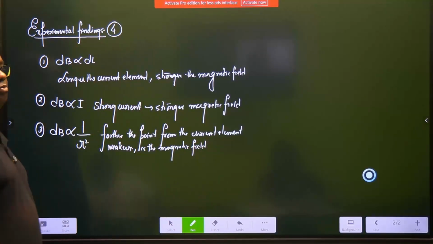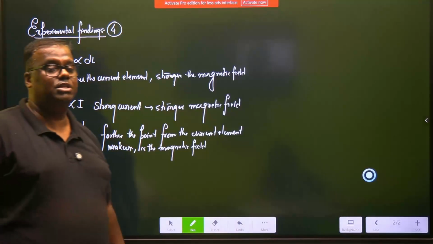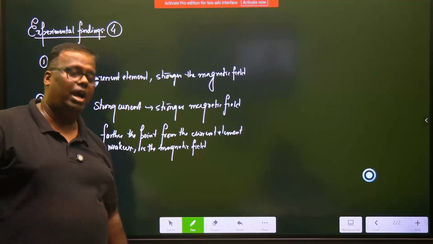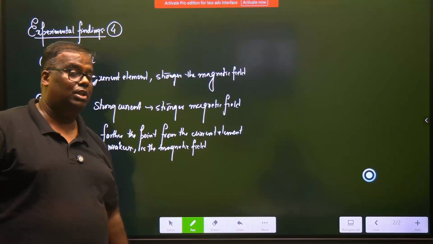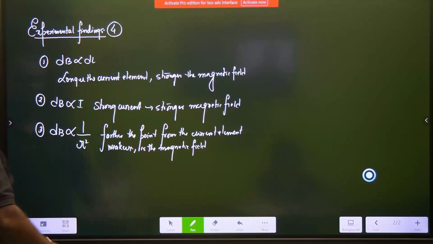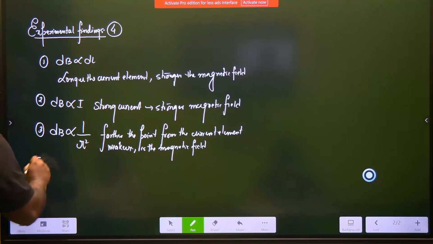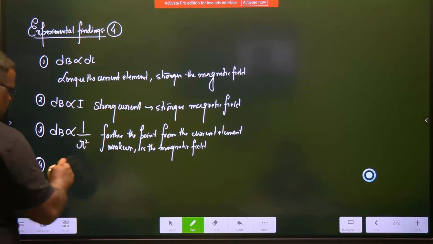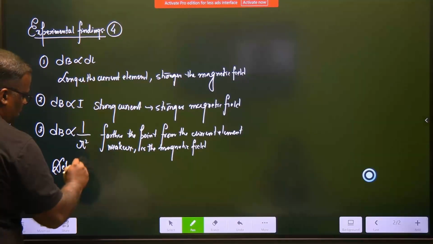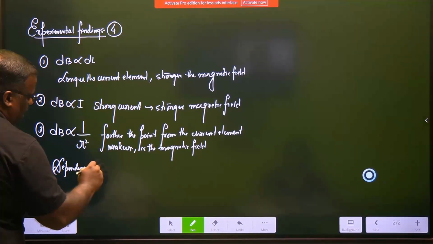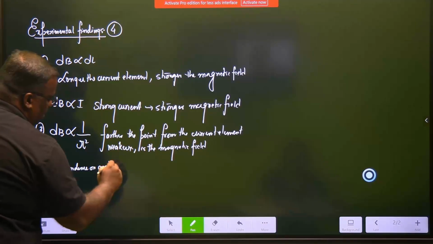4 points. What all did we have in that diagram? We had a dl, we had an I, we had an r, and we had one thing more. Look at the diagram: theta. Yes, 4. We call this dependence on angle.